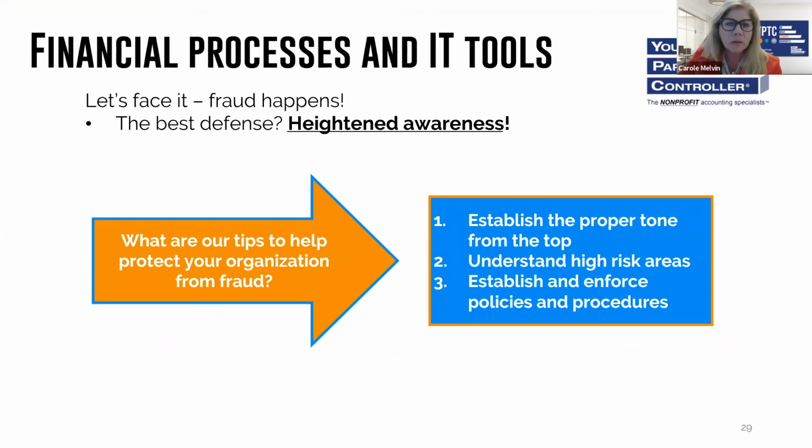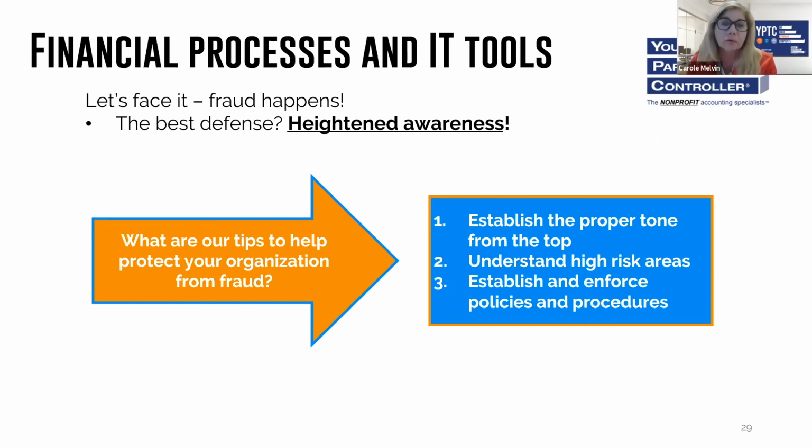So we know fraud happens. And we've already talked about the best defense is heightened awareness. This covers the entire fraud landscape. But when it comes to cybersecurity, there are two policies that I want to mention. One is the privacy policy. You should establish a privacy policy.